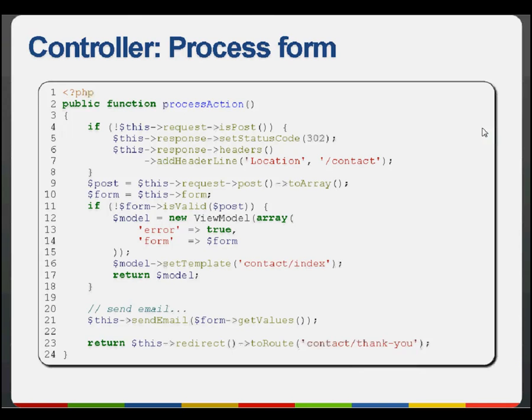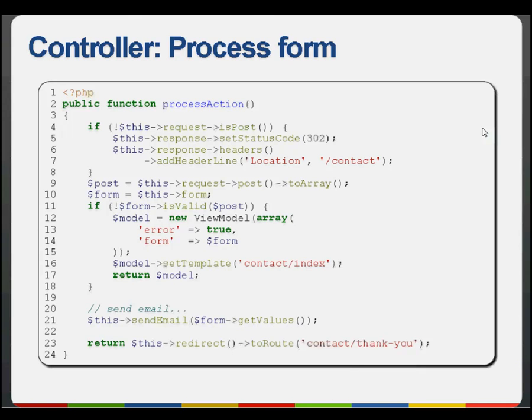We pass in the form, and then we set the template on the view model to be contact/index. So we want to display the same view that we did in our index action, and then we return that model. So if the form is invalid, we redisplay the form, and that's all that happens.